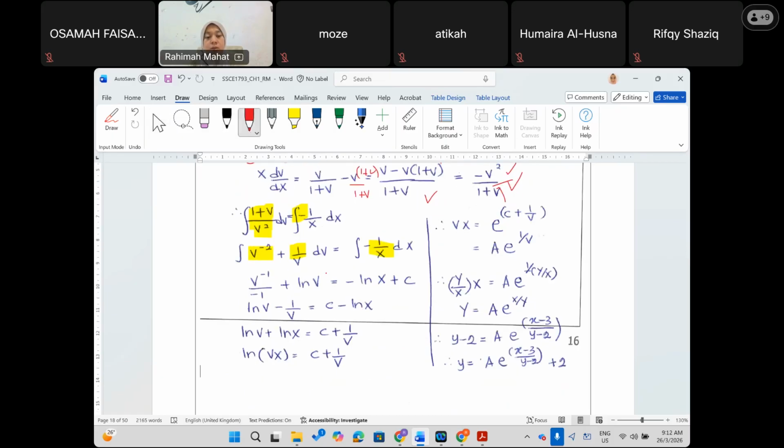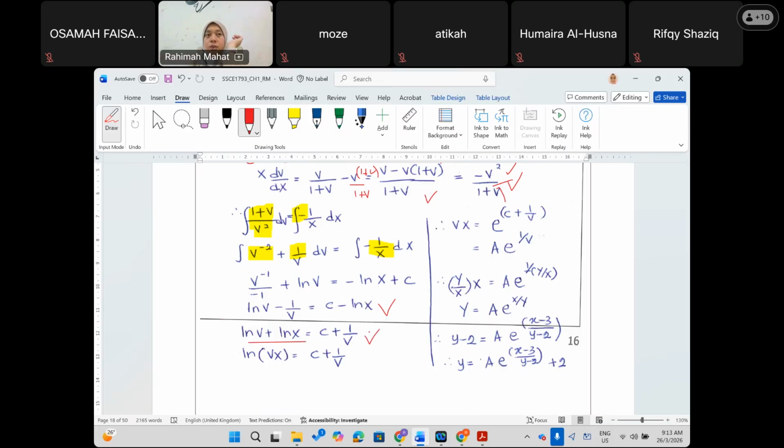You put your ln x into one side because you want to simplify the ln. So you bring it to the left hand side, and we will have ln v plus ln x is equal to c plus 1 over v.